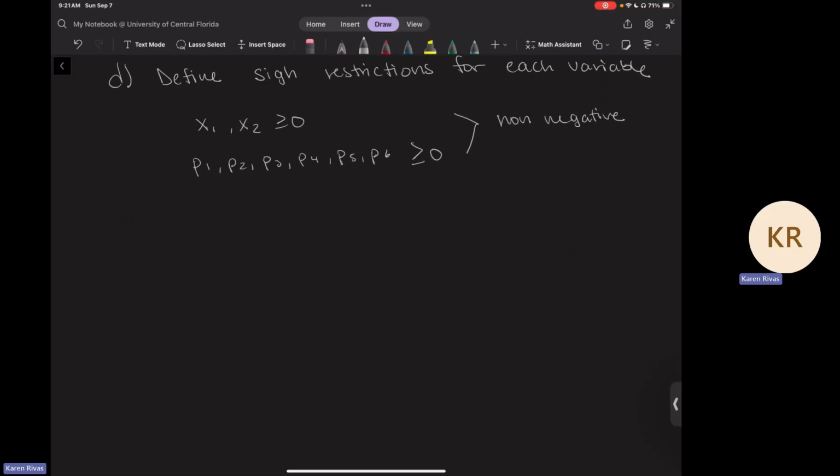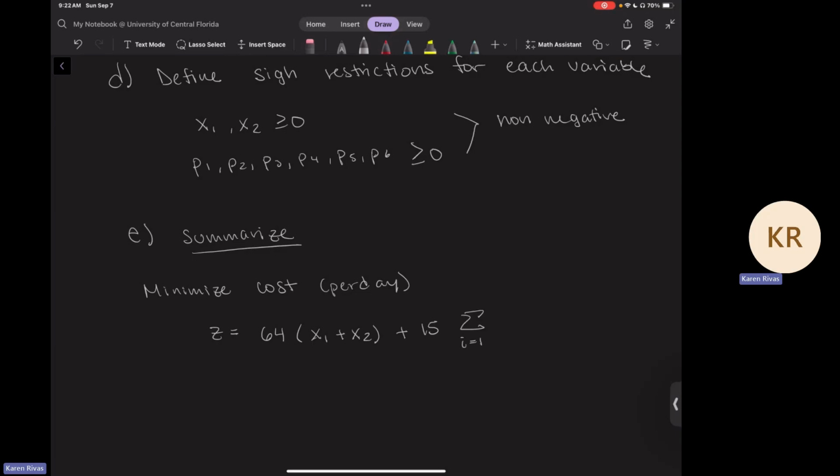All right. To summarize everything, if we go back to our objective, it was to minimize the cost per day. And our equation for that was z equals 64 times (x1 plus x2) plus 15 times the summation from 1 to 6 of p of i.